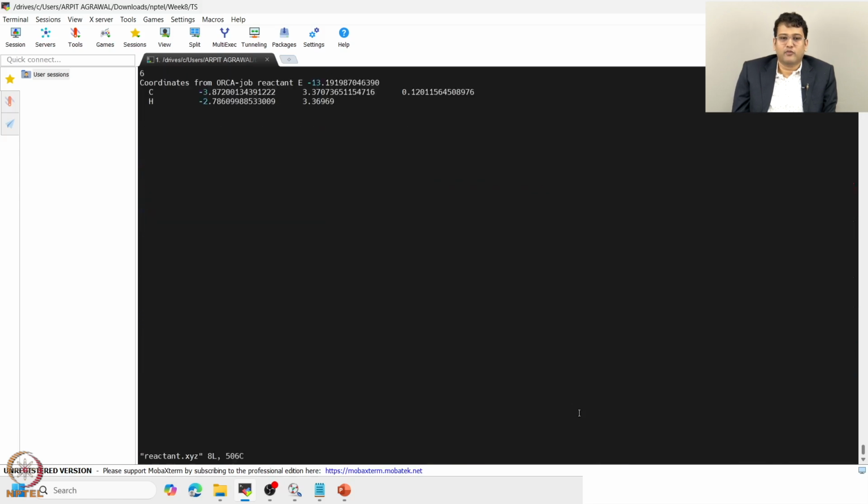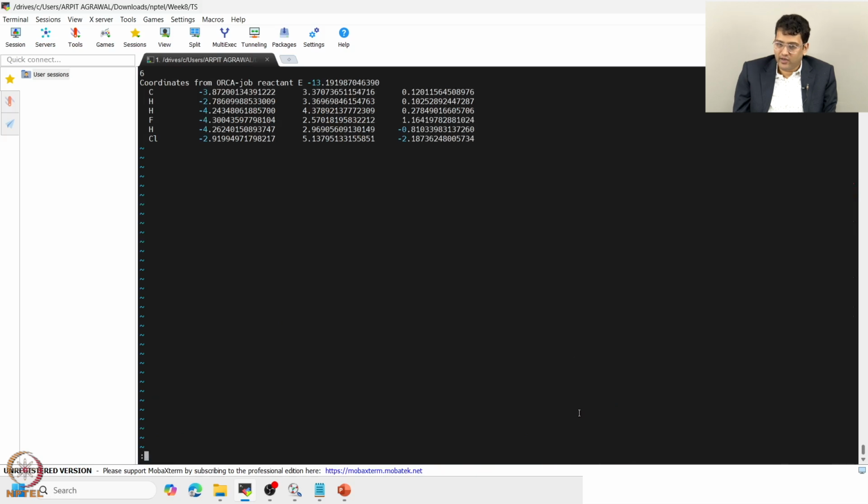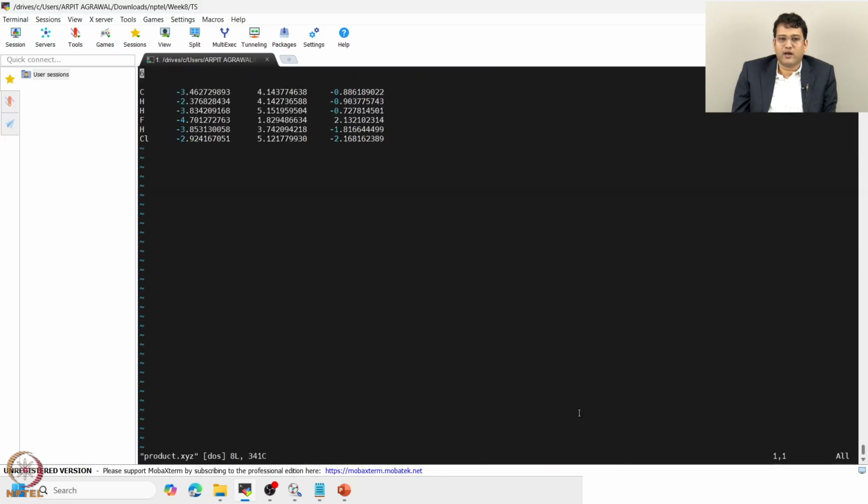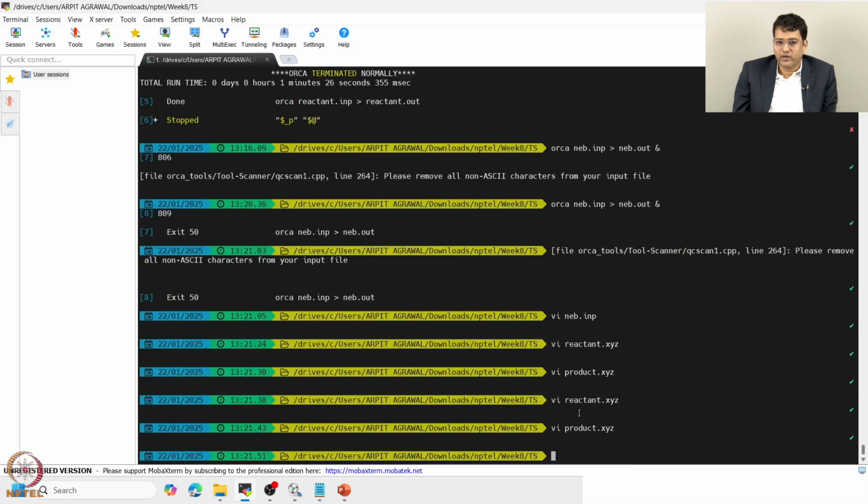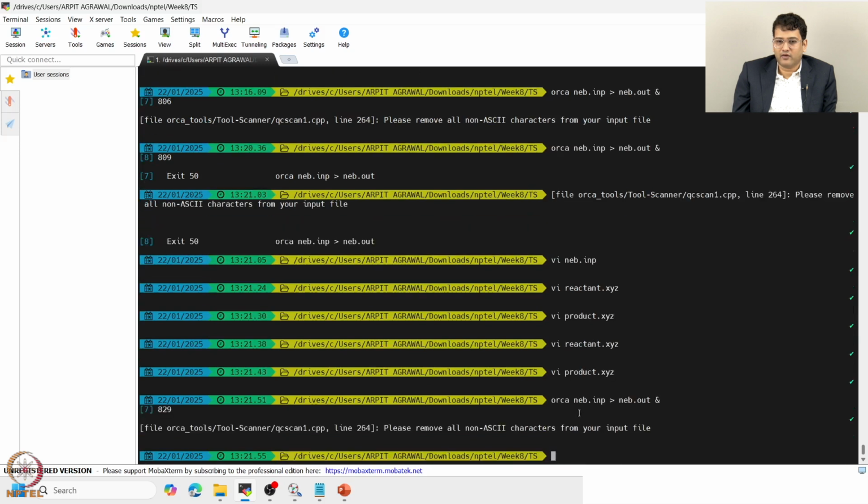Oh, so see the atom order here in the reactant and the product, they are same. Carbon, hydrogen, two hydrogen, fluorine, another hydrogen, chlorine. I believe now the things are fine. So it is still showing the problem. Let us see the neb.output file.